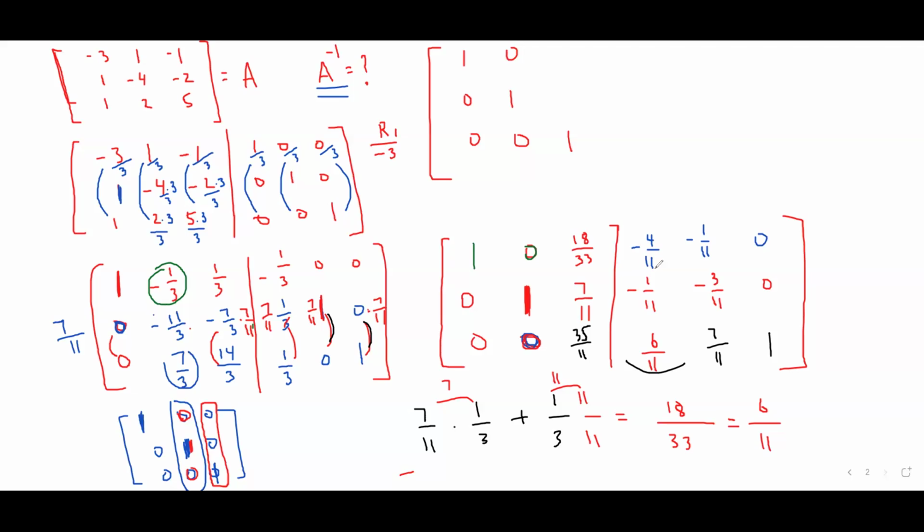So how can this be done? Well, I need a reciprocal, as usual, remember. To produce 1 out of this, I need to take this row number 3 and multiply it by 11 on the top, 35 on the bottom. And that's what I'll be doing. And notice when I'm multiplying zeros by those numbers, nothing's going to change.